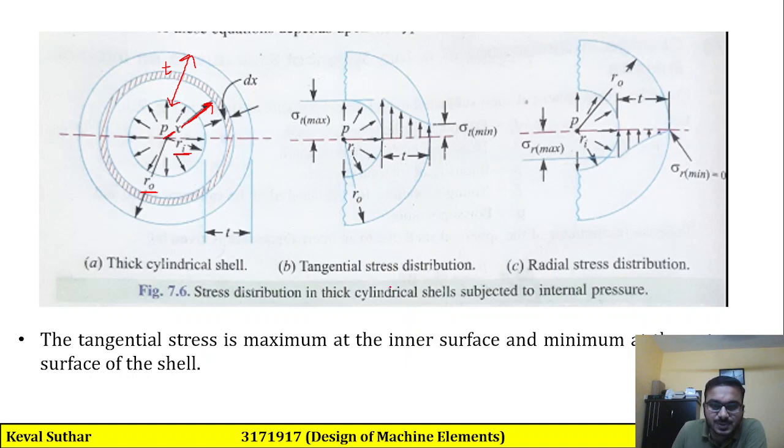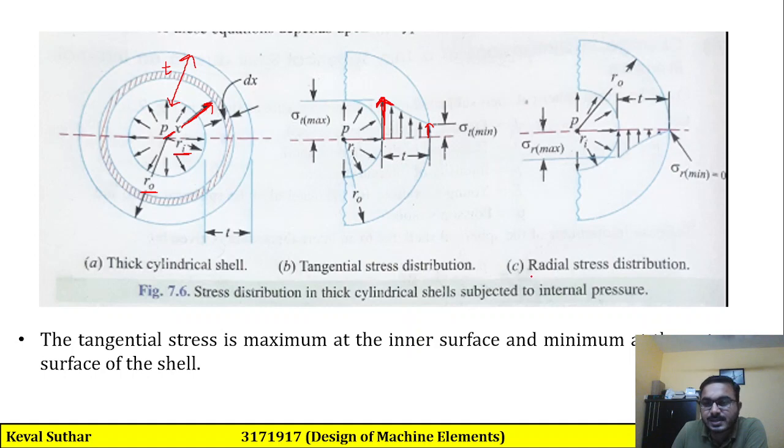Now as you can see, there are two kinds of stress distributions shown in this figure. First is tangential stress distribution and second is radial stress distribution. As you can see here once again, the tangential stress is maximum at the inner portion, and it is minimum at the outer radius.